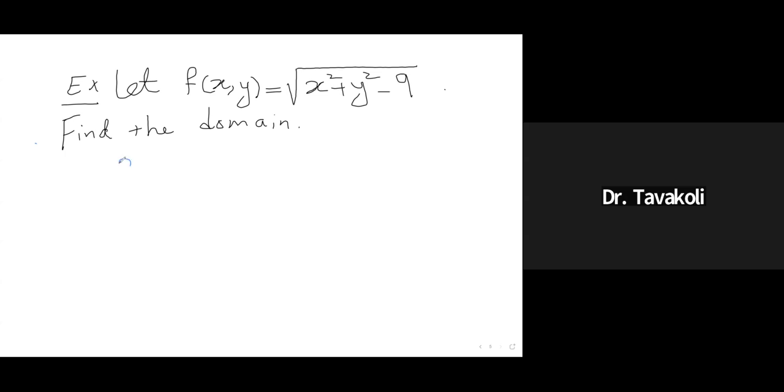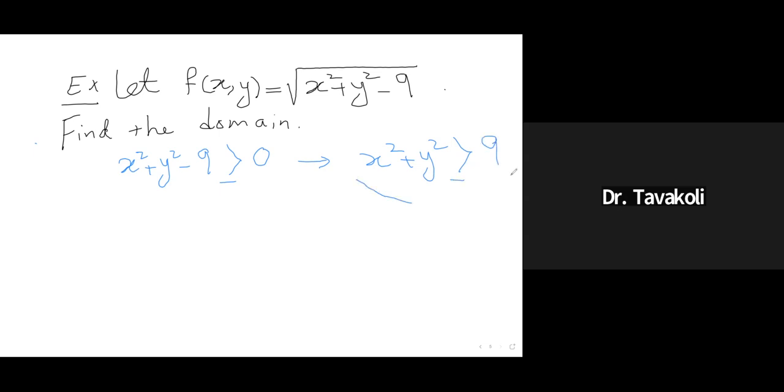So in finding the domain, I should consider that x squared plus y squared minus 9 must be non-negative, meaning that it must be more than or equal to 0. So if I add 9 to both sides, x squared plus y squared must be more than or equal to 9.